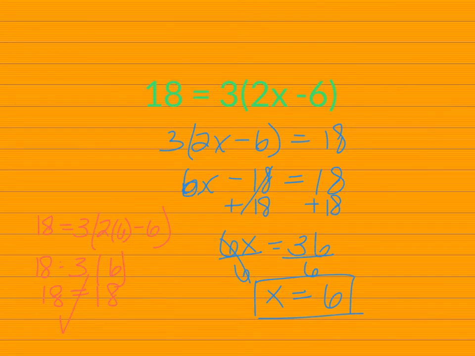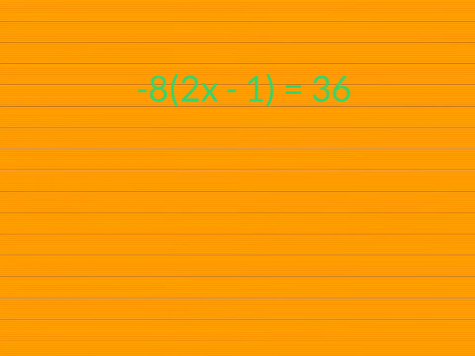All right, let's try another one. Here we have negative 8 times (2x minus 1) equals 36. So let's get to work here. Let's distribute the negative 8 to everything inside.